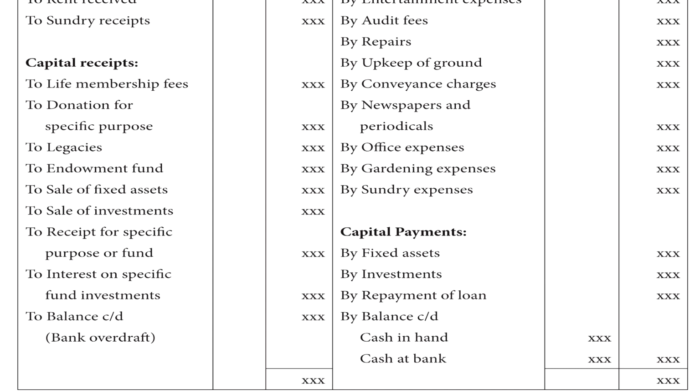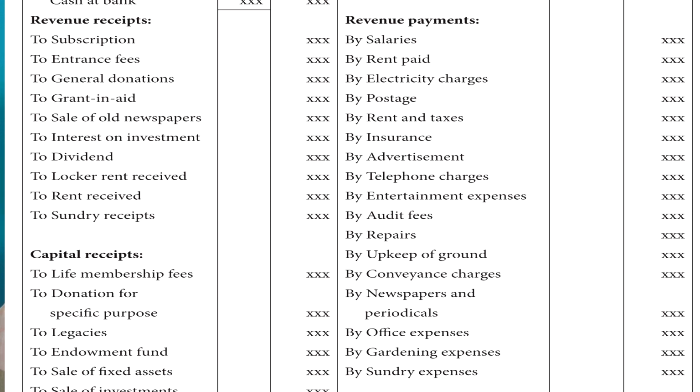So all cash receipts should be put on the debit side. Next, go to the payment side. The first item will be by balance brought down, bank overdraft.